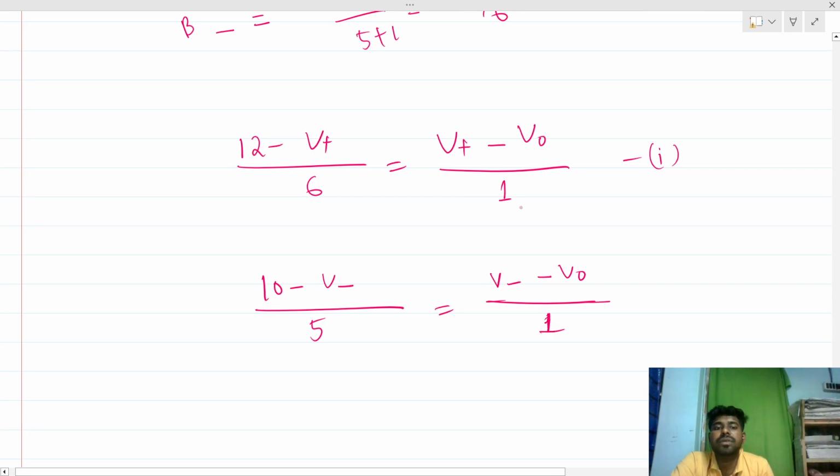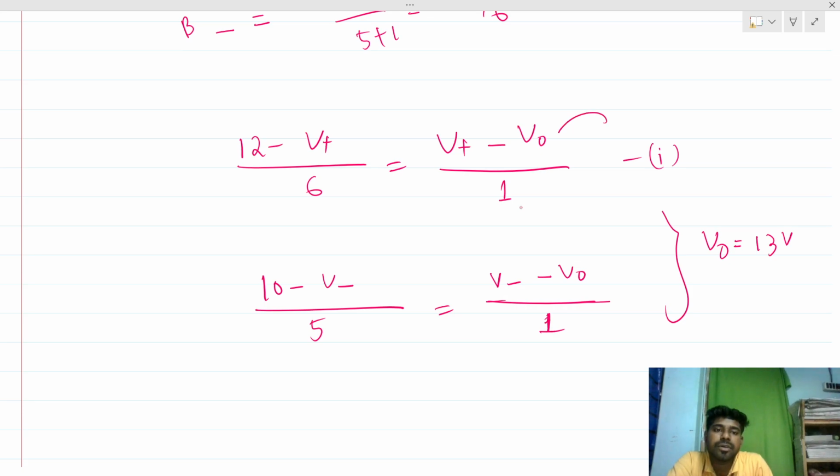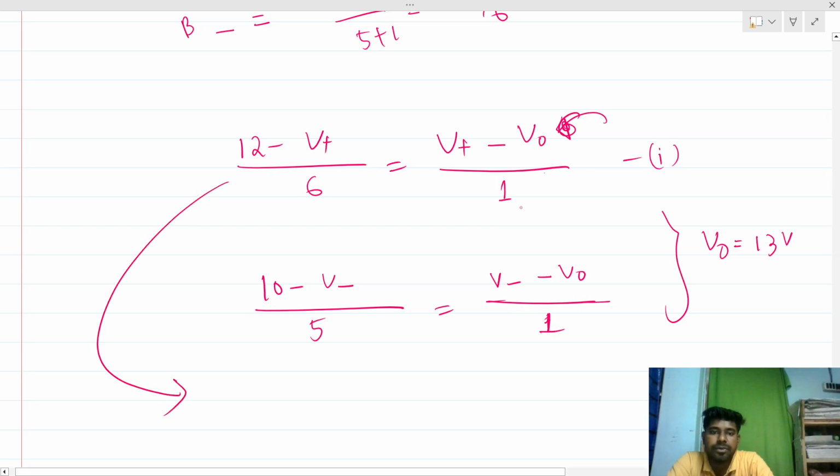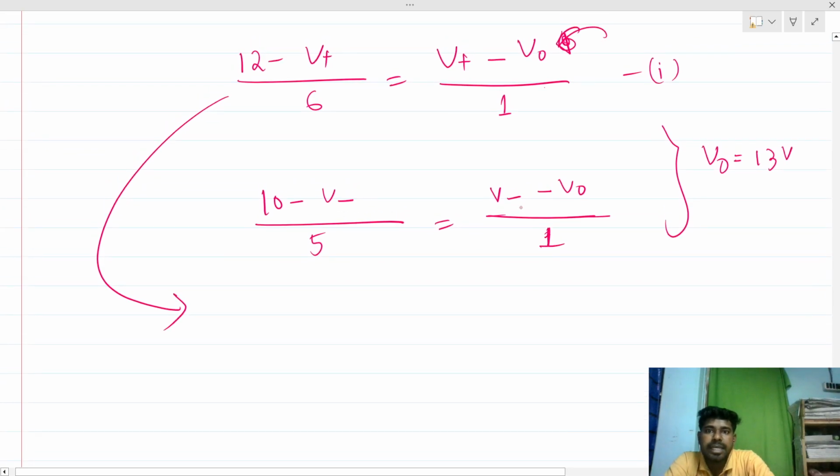So now how to calculate these two voltages? We have previously found that V out was how much? 13 volt, right? So the initial condition of the V out is 13 volt, we can assume. So now put V out equals 13 volt. For this case, we will get 12 minus V positive equal to V positive minus 13, right?